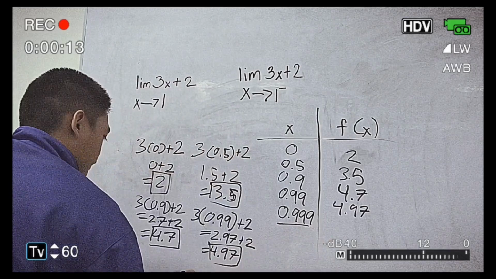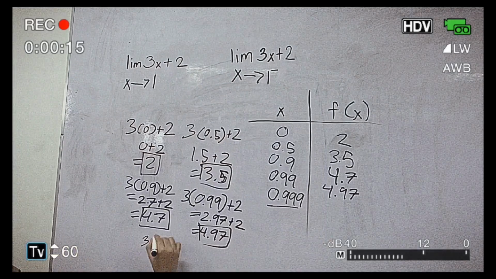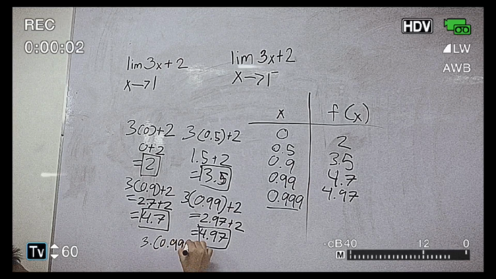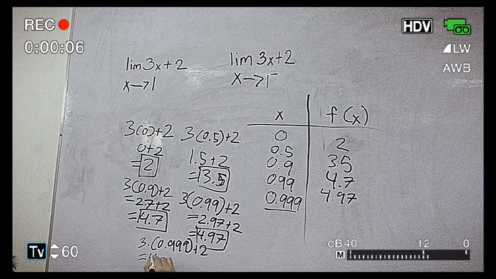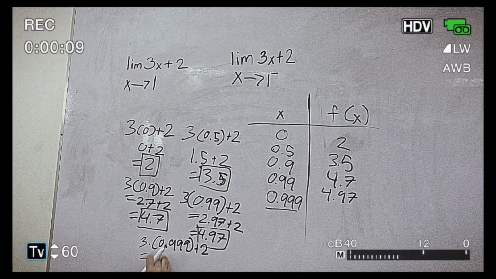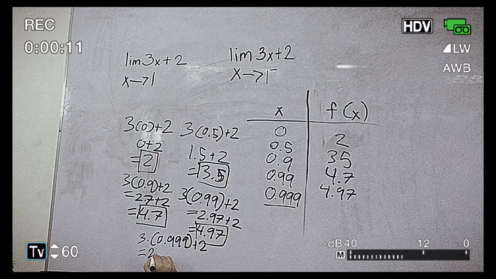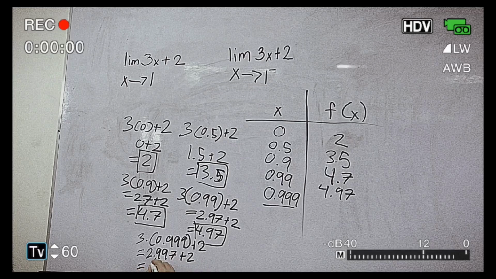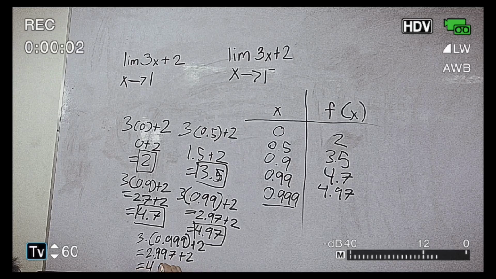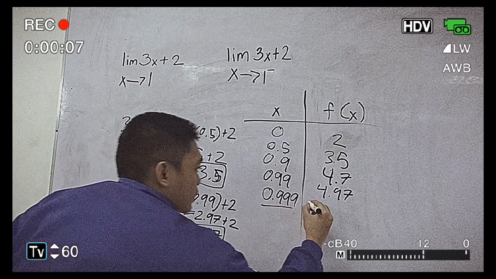And next again, 0.999: 3 times 0.999 is 2.997, plus 2, and the final answer is 4.997.